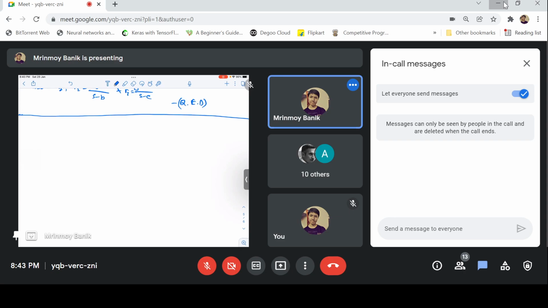Okay, nice. Now the next one is the cyclic product of R1 by R minus R1.